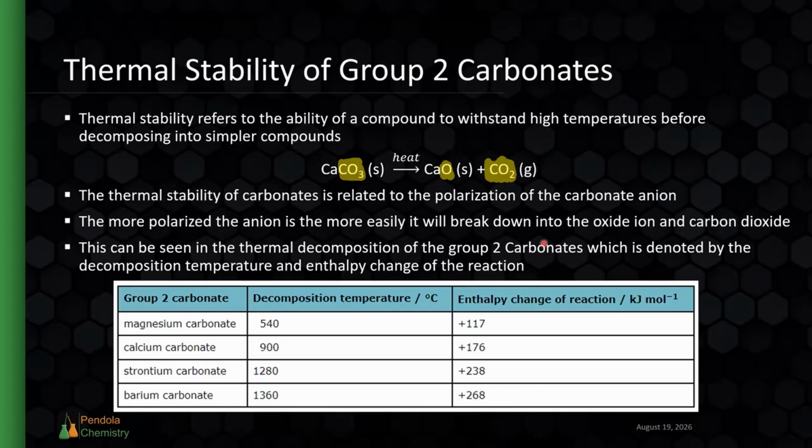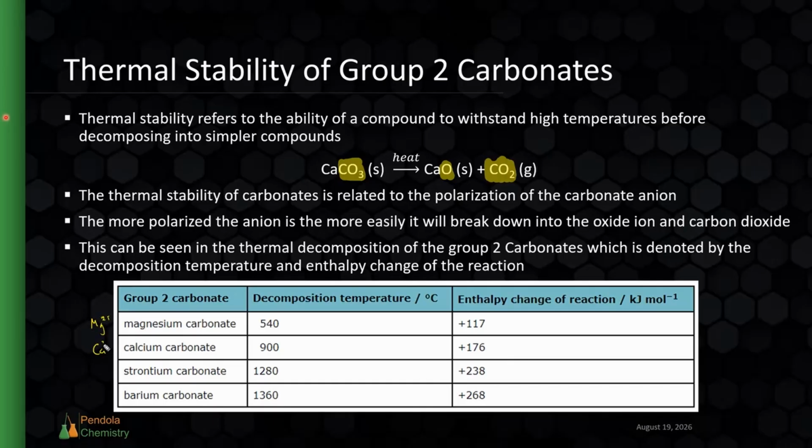We can see this with the thermal decomposition of those group 2 carbonates that we have here. So if we look at magnesium carbonate, calcium carbonate, strontium carbonate, and barium carbonate, these are all group 2 carbonates, meaning the anion is always the same, so we don't look at the anion, we look at the cation. Magnesium is Mg2+ for a cation.